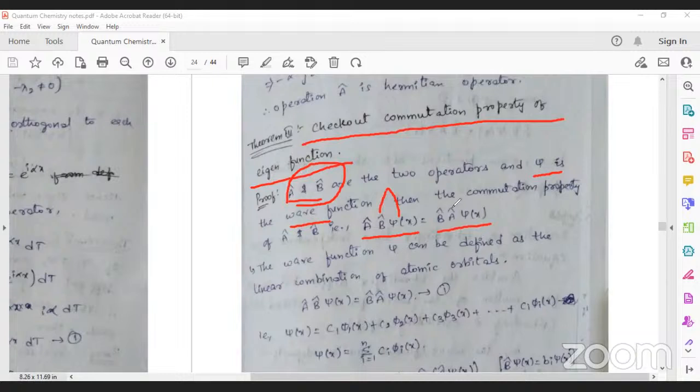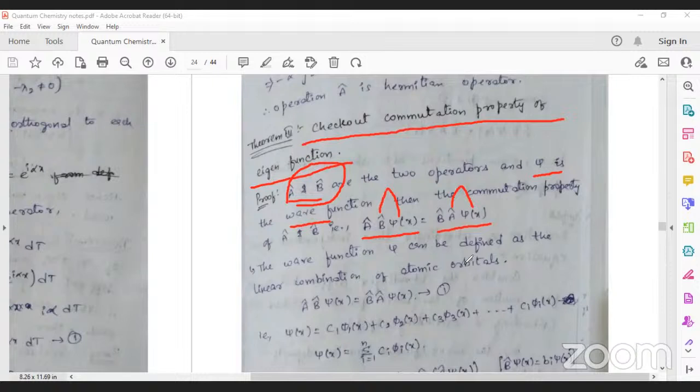That should be equal to when the operator A operates on psi, later B operates on that result. We will get the same result. Therefore, we can say both operators A and B commute with each other. So that is the definition of the commutation property.